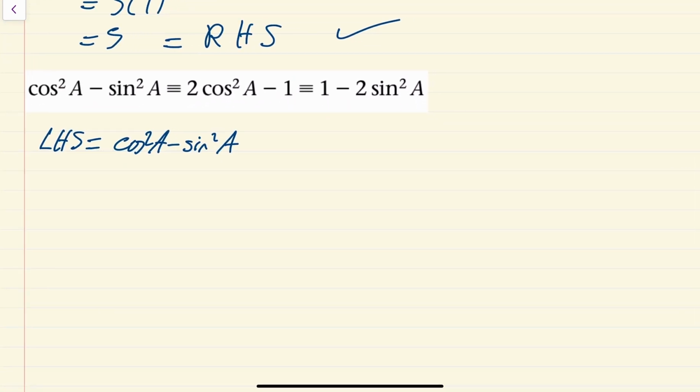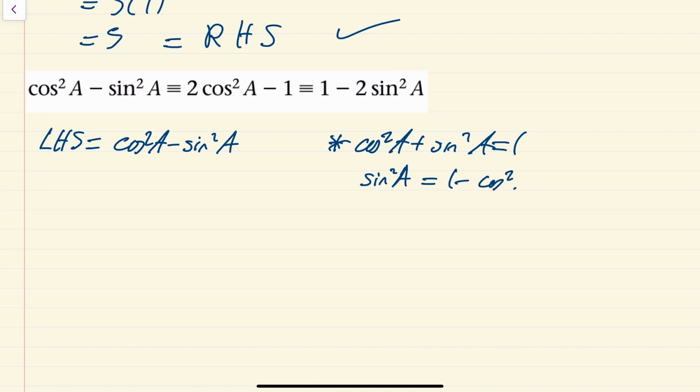So we know that cos squared a plus sine squared a is equal to 1. And if we rearrange that, sine squared a is equal to 1 minus cos squared a. And we're going to sub that in. So in here, we're going to rewrite our sine squared a as 1 minus cos squared a.